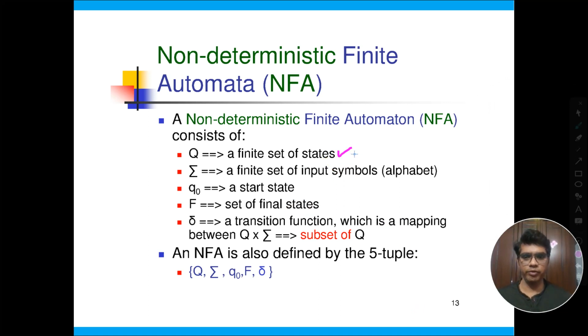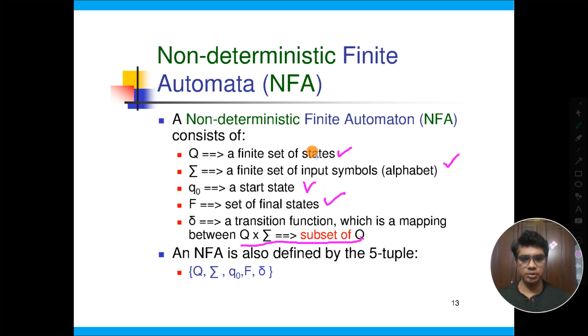There will be a set of states, an input alphabet, a start state, and a set of final states. And the difference is in the transition function. For DFA and for NFA, the difference is in the transition function.